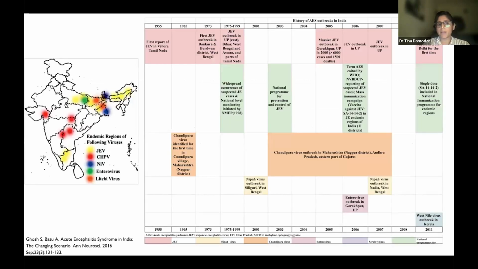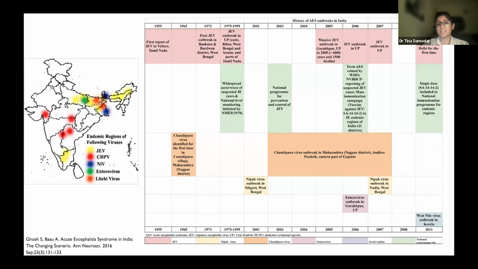Before we get into the microbiological diagnosis, I thought it's important to just go through the history of AES outbreaks in India to get a clearer picture of where we are right now. So as you can see, Japanese encephalitis was first reported from a southern Indian state called Tamil Nadu in 1955.